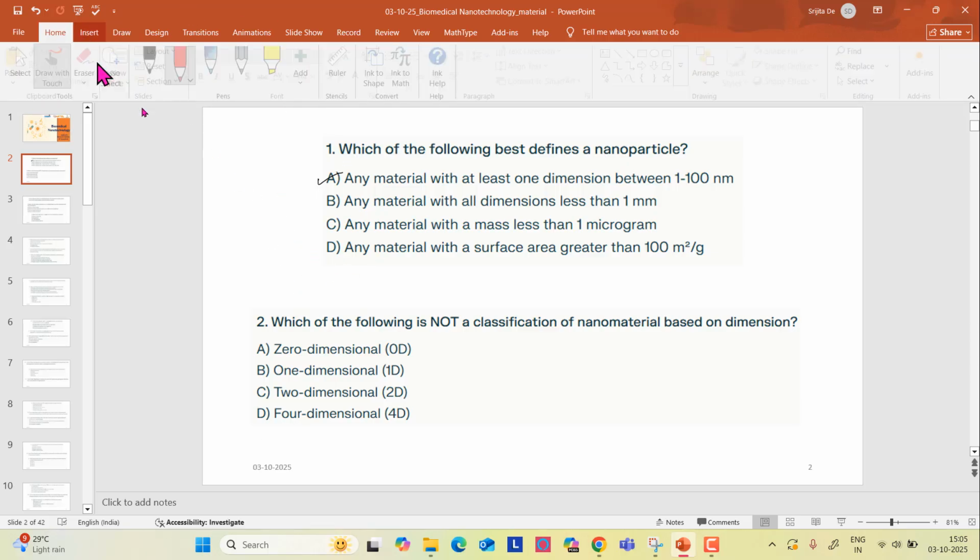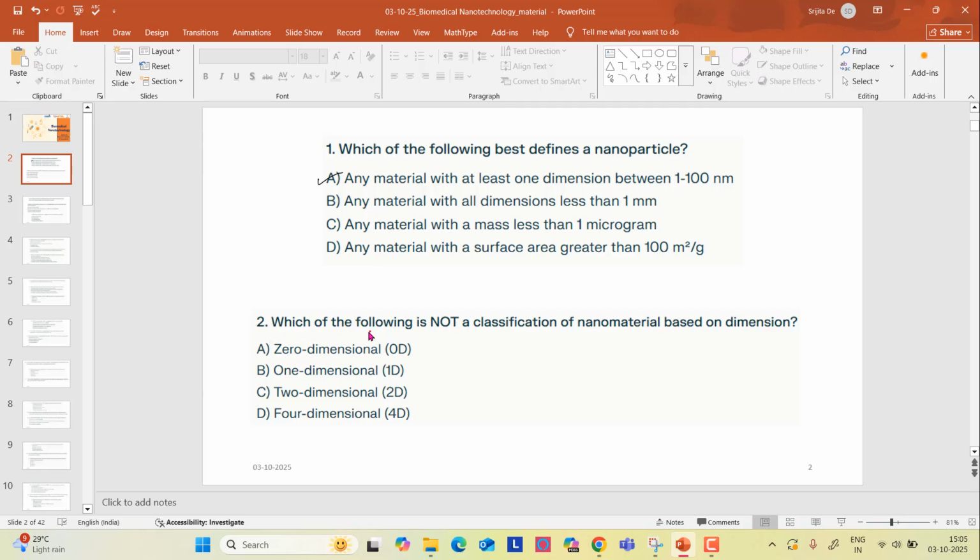Next is, which of the following is not a classification of nanomaterial based on dimension?